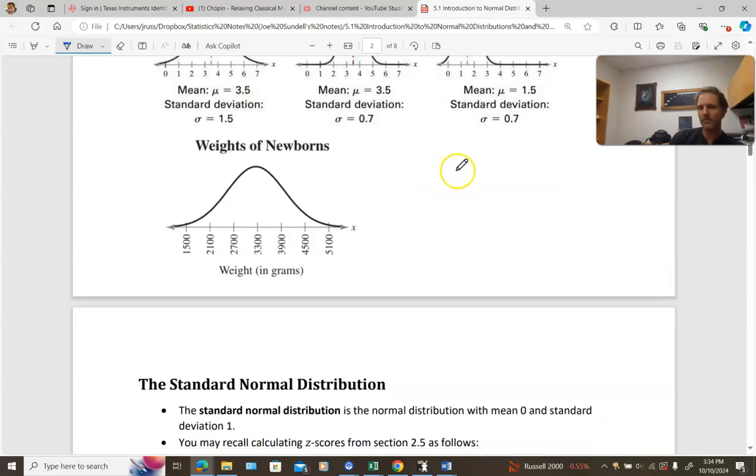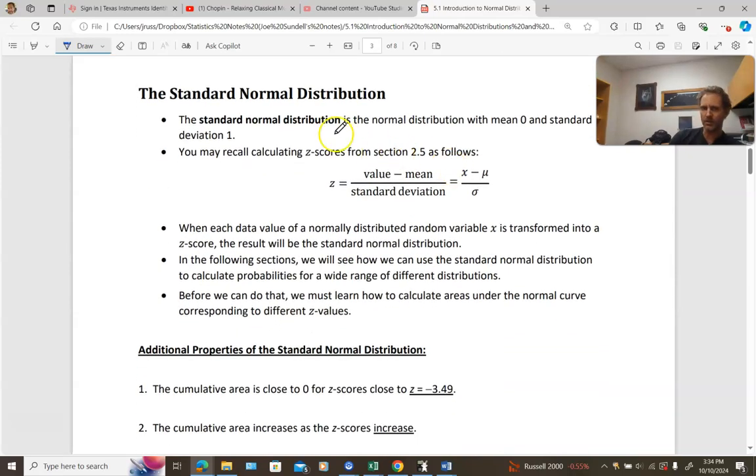All right. So now let's start talking about this thing called the standard normal distribution. So what's the difference between this and just a normal distribution? Well, lots of things are normally distributed. Okay? They're bell-shaped, and they have their own specific mean.